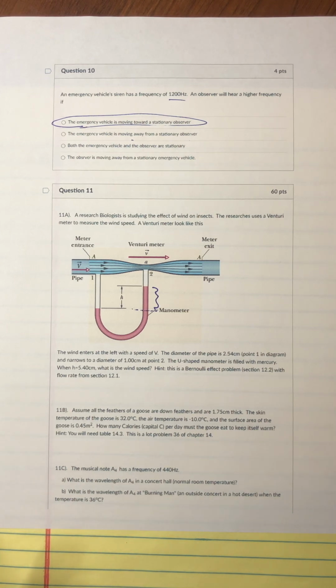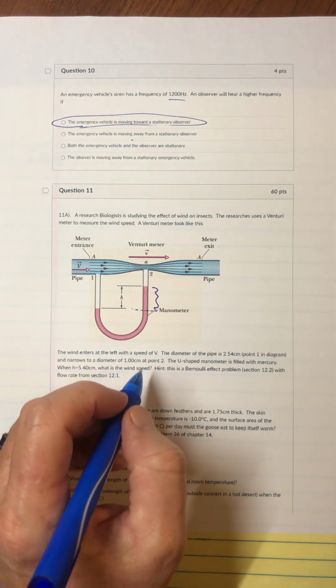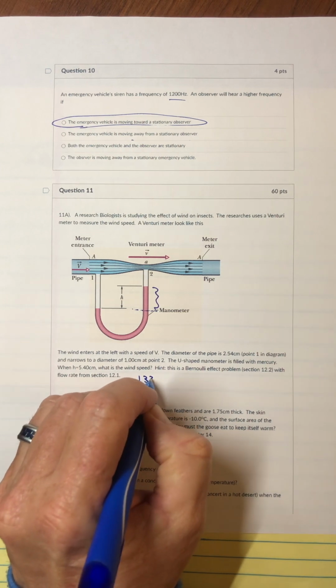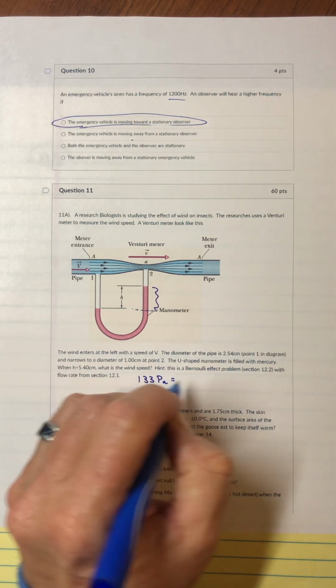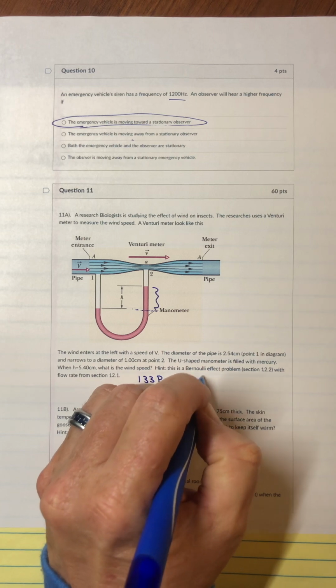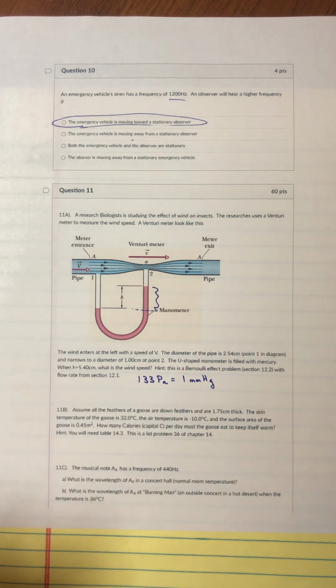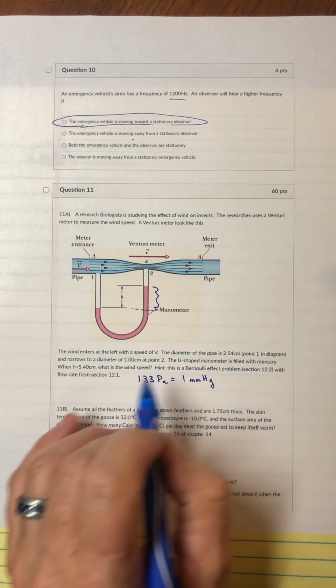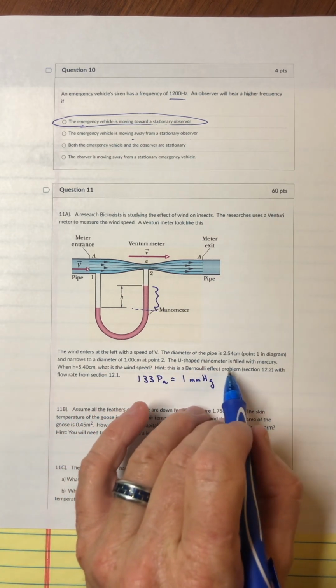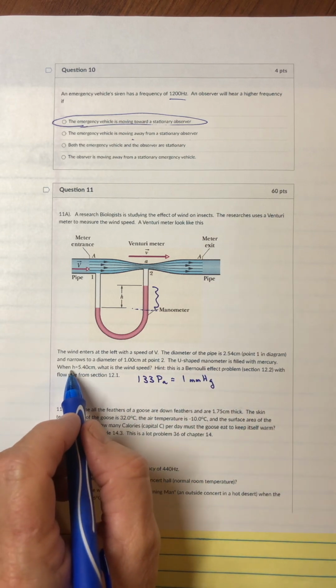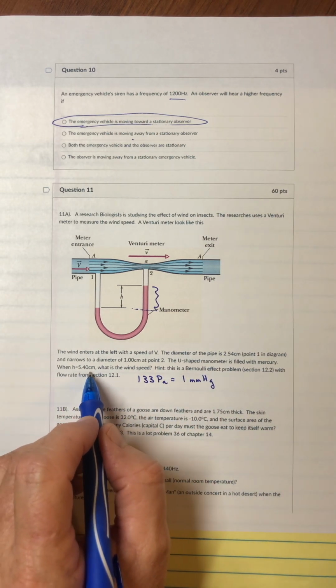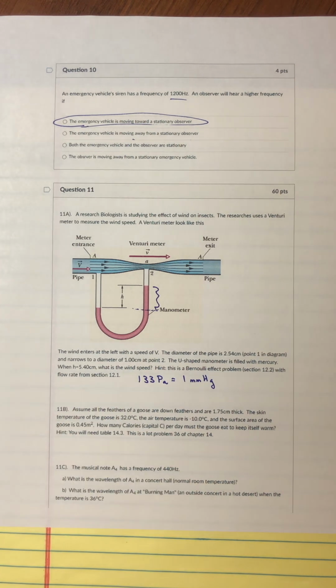Let me just point out that there are 133 pascals in 1 millimeter of mercury. That was our common conversion in class. I almost want to change this to centimeters, because I think they go on to say that the height is 5.4 centimeters.